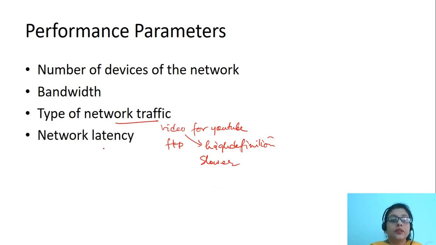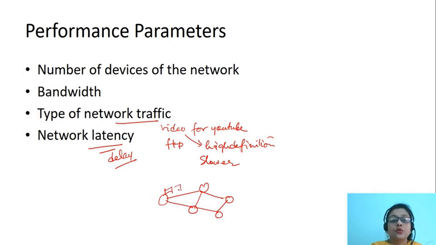Next is the network latency. This latency is also called the delay of the network. If we have a large number of nodes which are connected via these links, and the data transfer between these nodes takes a certain amount of time, there are various delays like the link delay and the node processing delay.